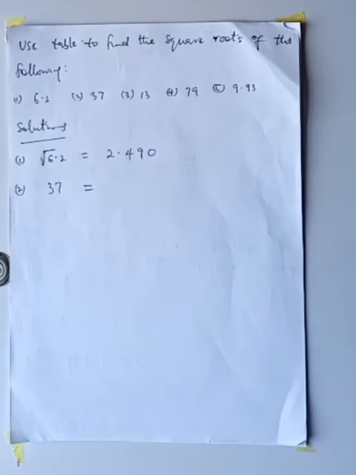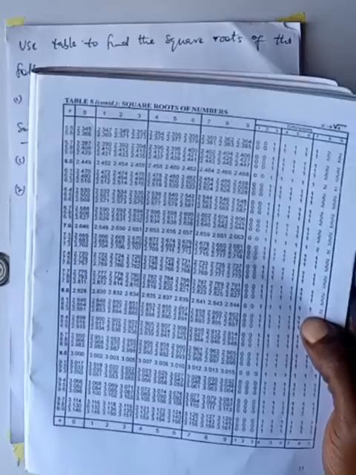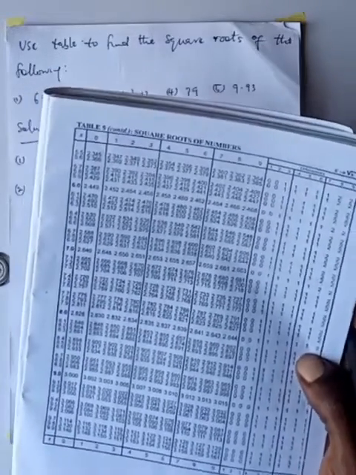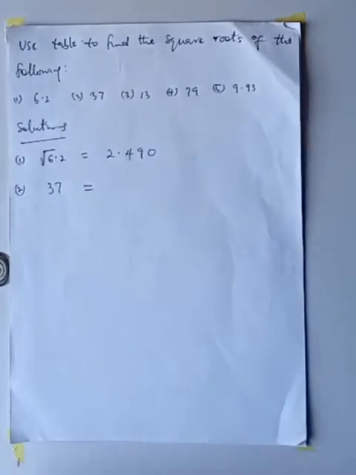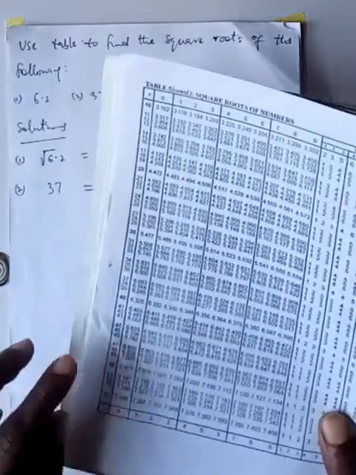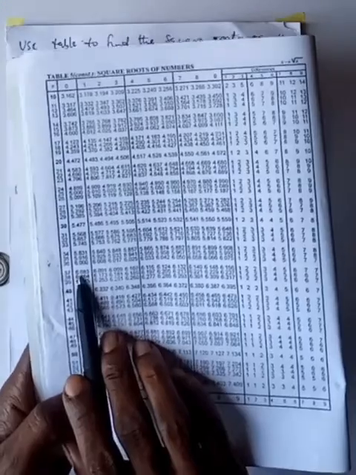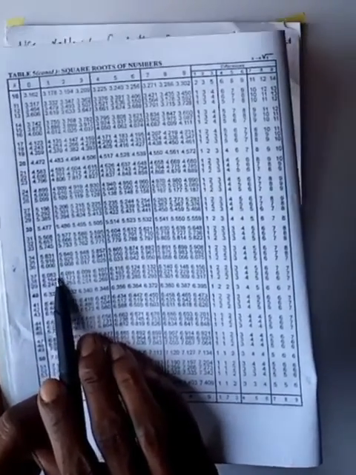In number 2, that is 37. Now, when we observe the way this table is arranged, so we have the case of decimal number separate from the case of what? Of whole number. So in case of whole number, what we are going to look up for now is 37 under 0. And by 37 under 0, the value we have is 6.083.